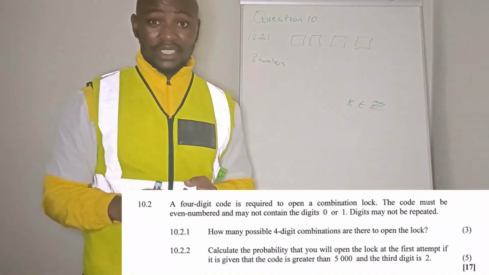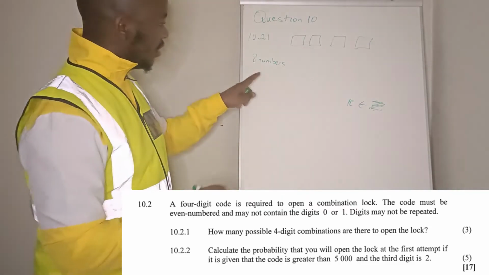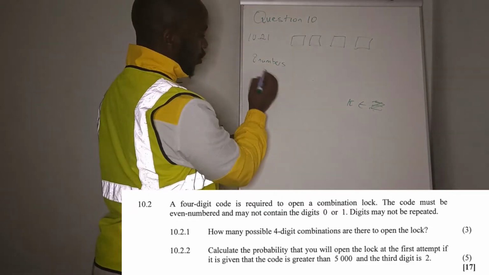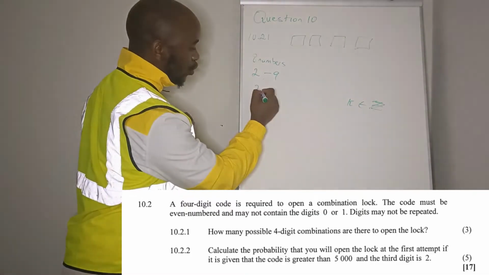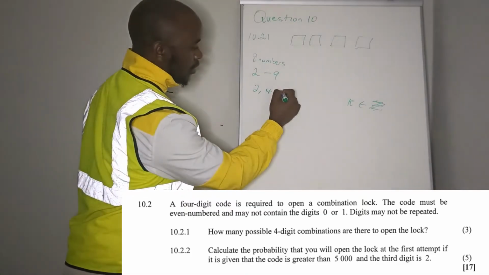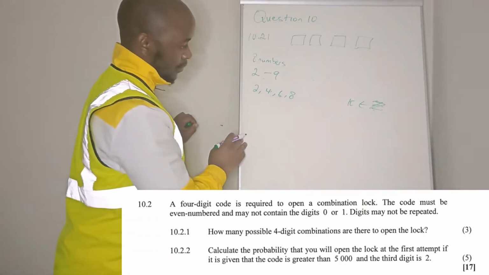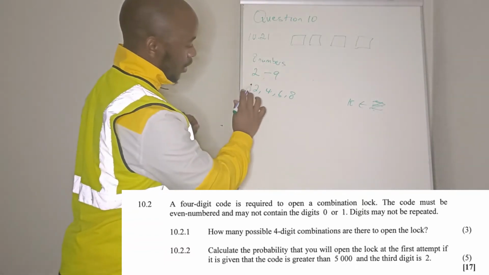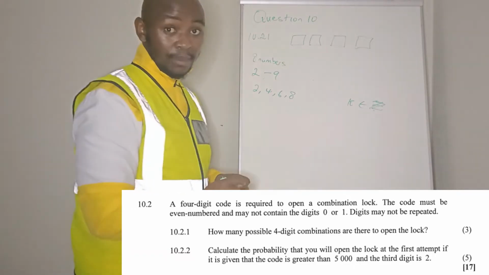It follows the same equation. 4 is an even number. 6, 8. So within the 2 to 9 digits, we have 2, 4, 6, 8. Those are even numbers. Those are the numbers we can use since we cannot put in 1 or 0.